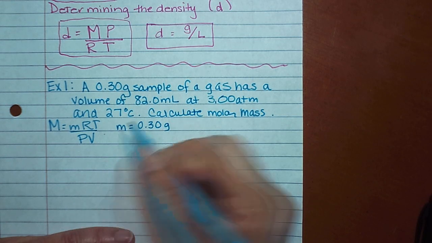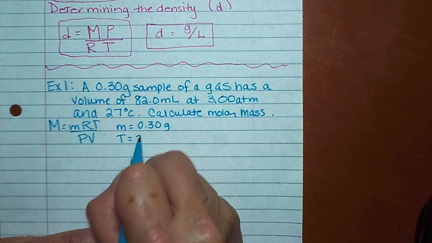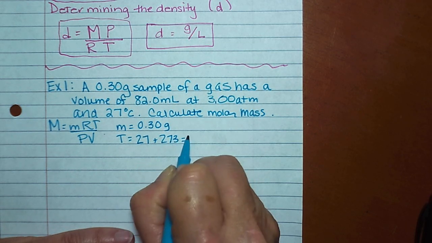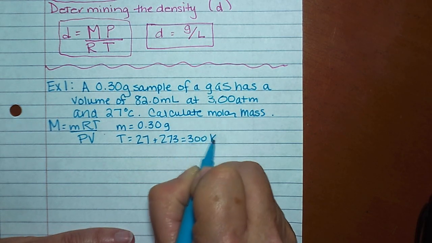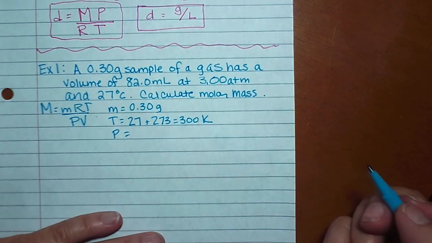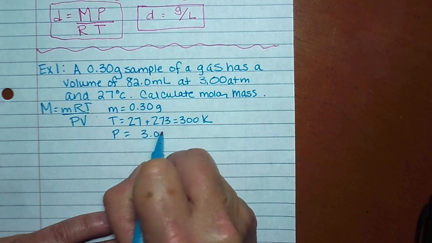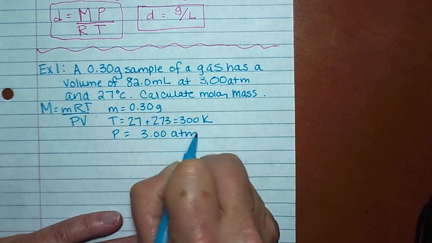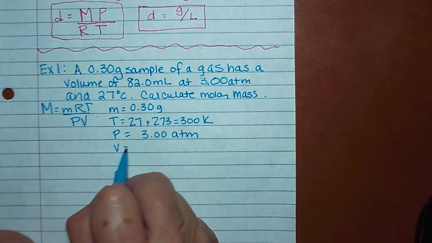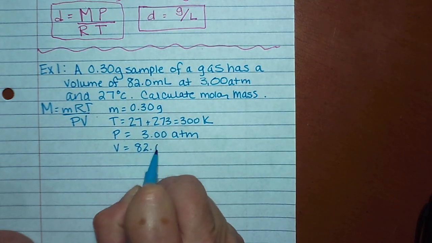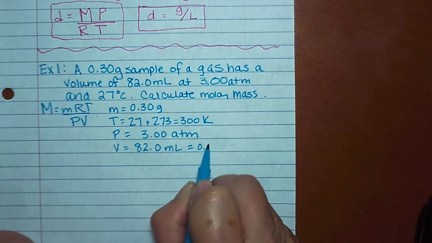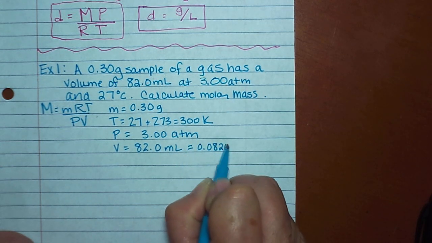My R, we know. T is equal to 27 plus 273, so that equals 300 Kelvin. My pressure is equal to 3.00 atm. And what's left? Volume. Volume is equal to 82.0 milliliters, or it's equal to 0.0820 liters.